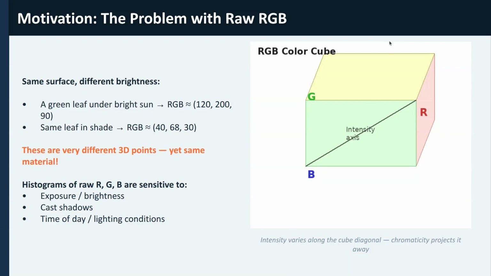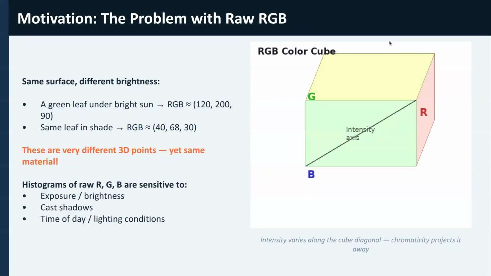So why do we need 2D chromaticity histograms? Why not RGB values? The thing is, for RGB values, the same object, the same surface, will have different pixel values under different brightness. A green leaf under bright sun might have RGB values of 120, 290, but the same leaf in shade might have pixel values like 40, 16, and 30.